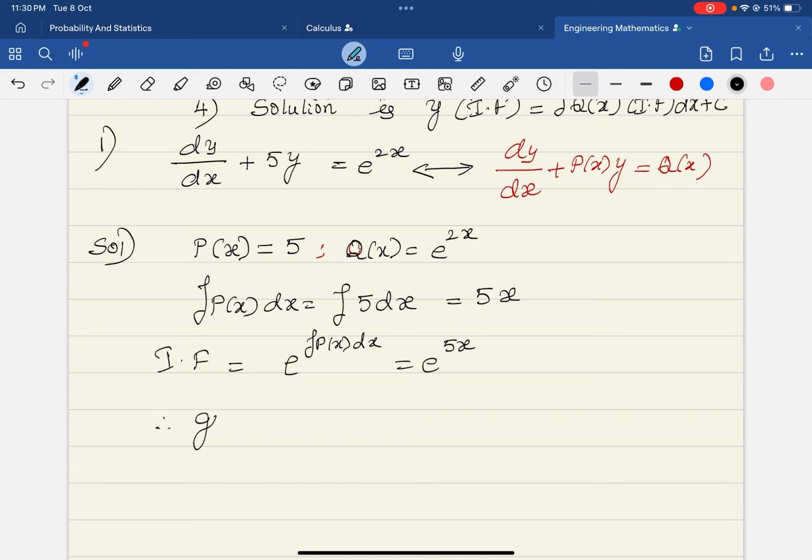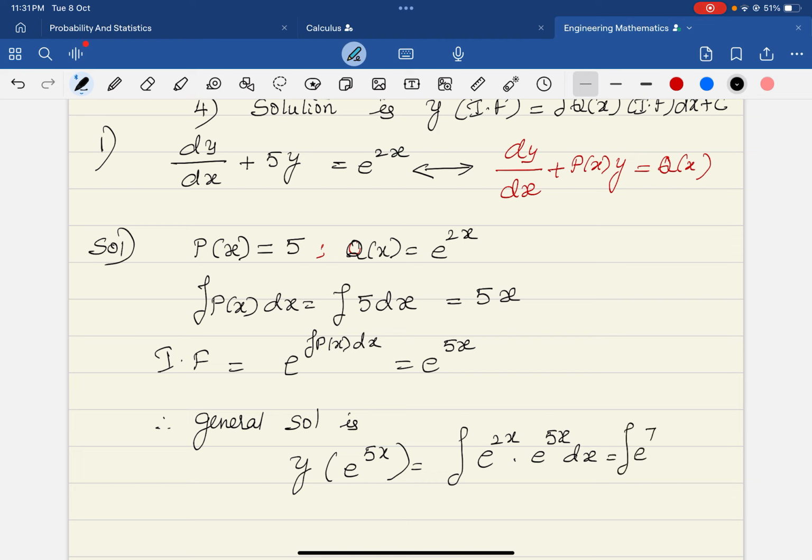Now we can write down the general solution. It is given by y times the integrating factor, e raised to 5x, is equal to the integral of q of x, e raised to 2x, into the integrating factor e raised to 5x, dx. The integral of e raised to 2x into e raised to 5x is e raised to 7x dx.